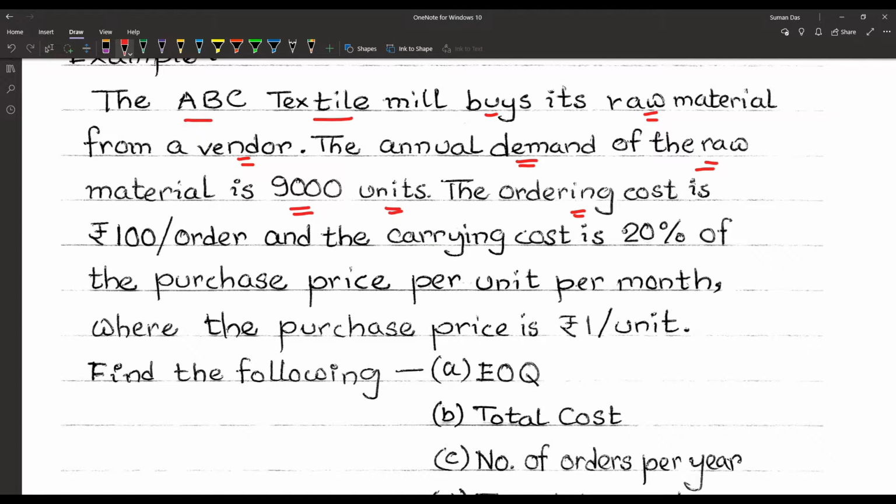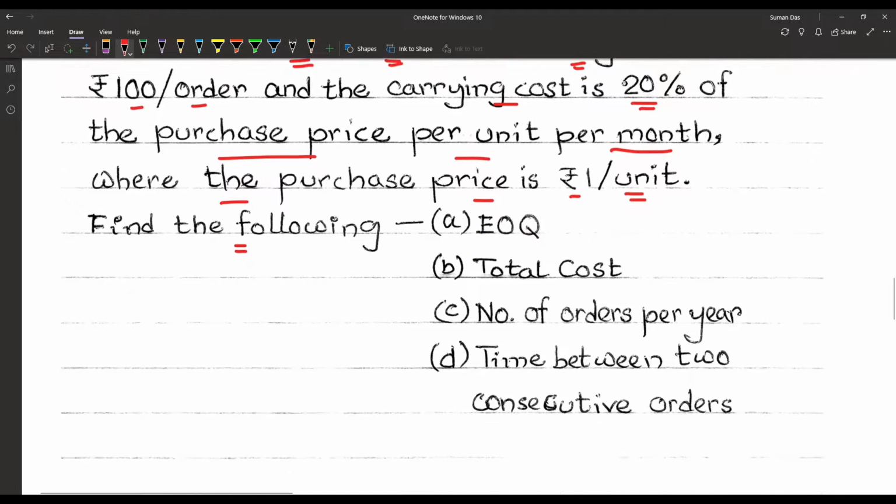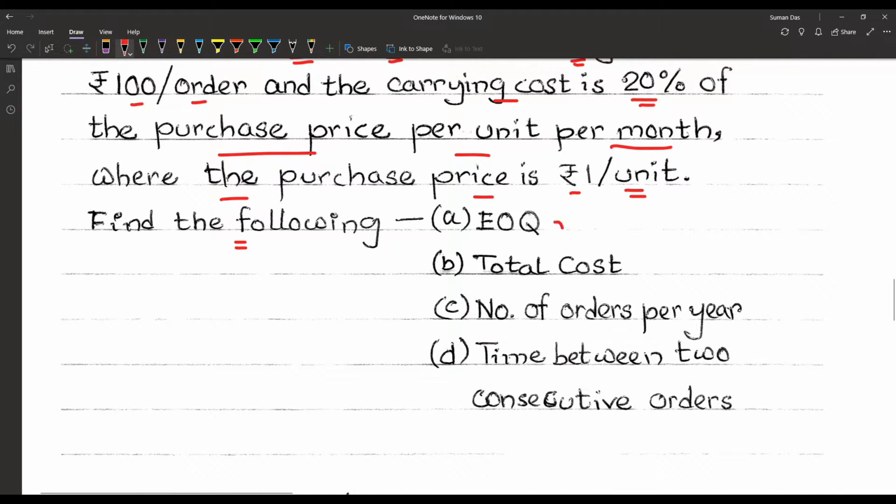The ordering cost is rupees 100 per order and the carrying cost is 20% of the purchase price per unit per month, where the purchase price is rupees 1 per unit. We have to find: one, the EOQ; second, the total cost; third, the number of orders per year; and fourth, the time between two consecutive orders.